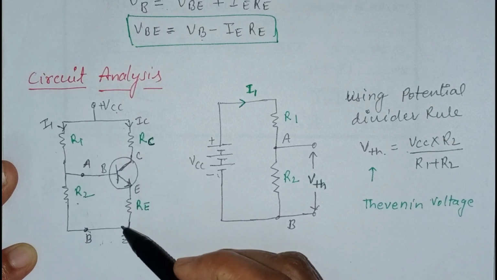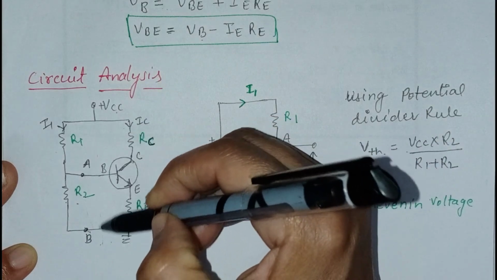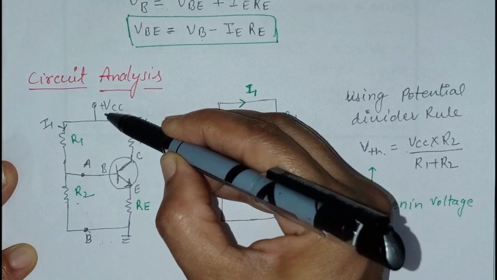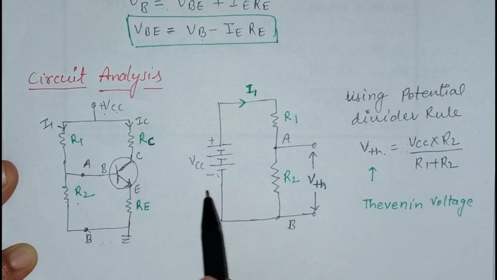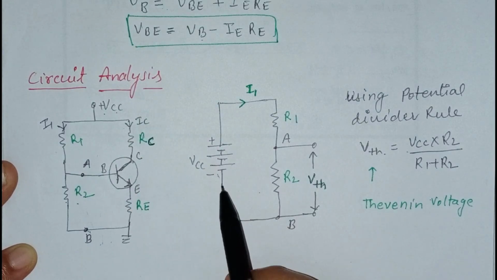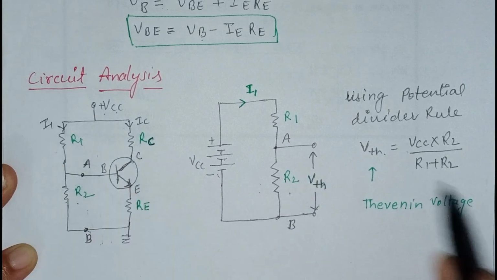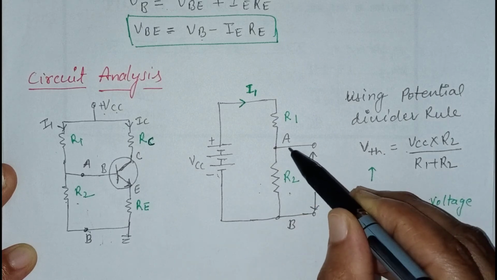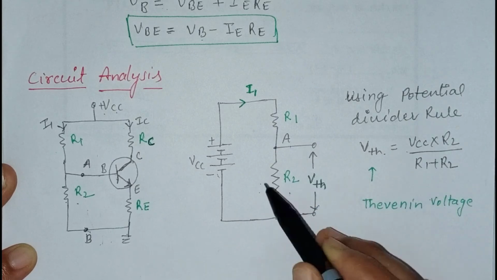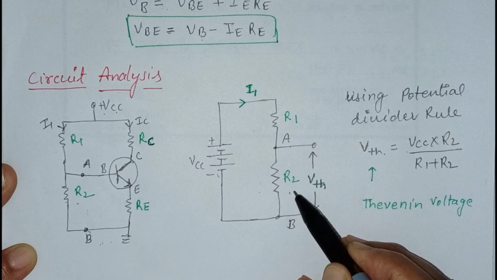To Thevenize this circuit, we will use only the input portion and the voltage. So we have redrawn this circuit here. This is the VCC supply and this supply is across R1 and R2 as shown in this figure. Now we will find the voltage across the A terminal and B terminal, meaning the voltage across R2.